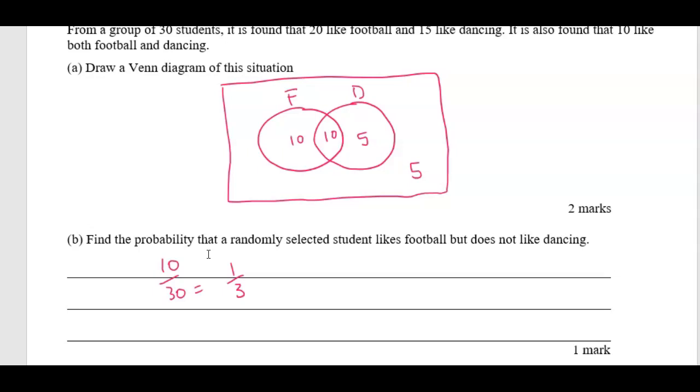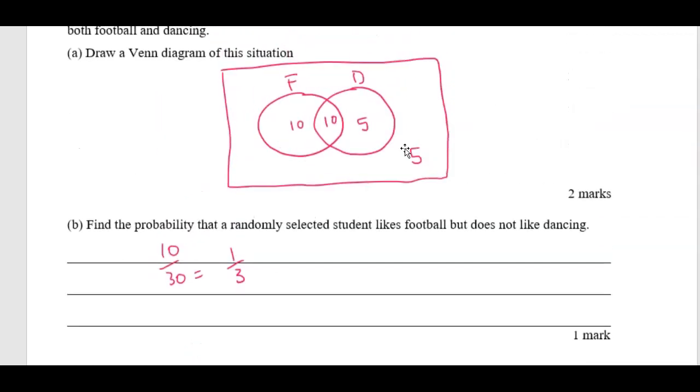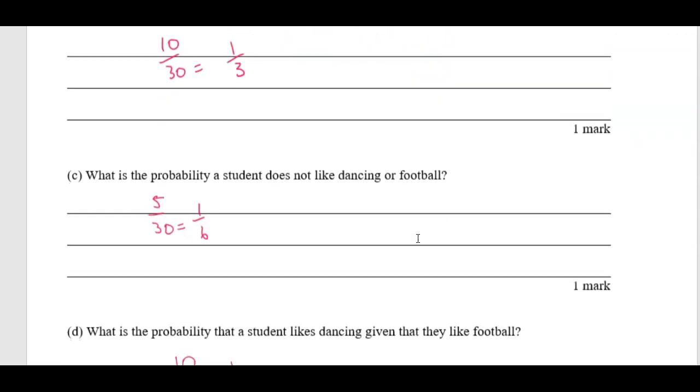All right, so student likes football but does not like dancing. So that means we're just looking at likes football but does not like dancing. So 10, we're just looking at the 10, not the intersection. So 10 over 30. What is the probability a student does not like dancing or football? So that's on the outside, so the 5, so 5 over 30.